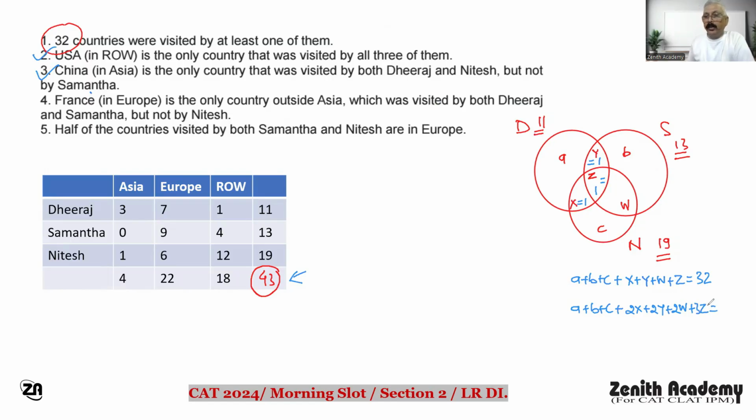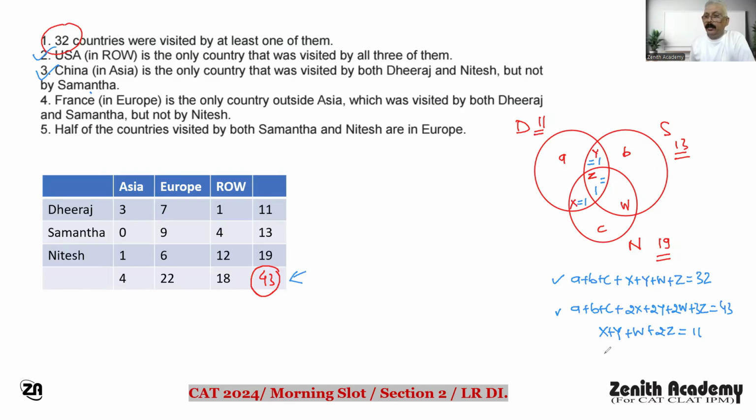This is actually equal to 42. Right? So if I subtract this equation from this equation, then it is coming X plus Y plus W plus 2Z is equal to 11. Correct?